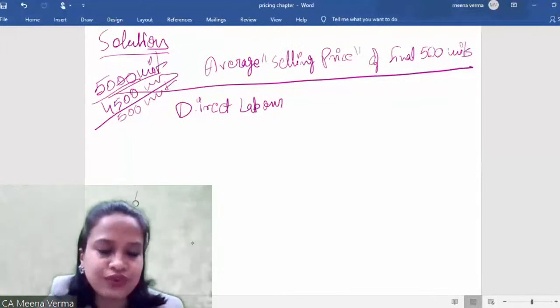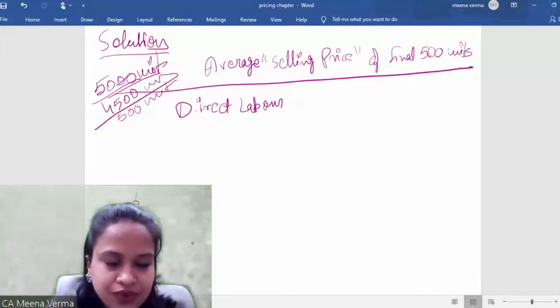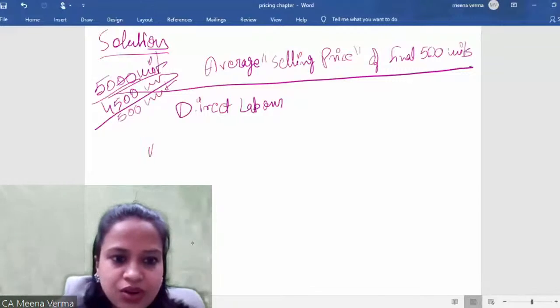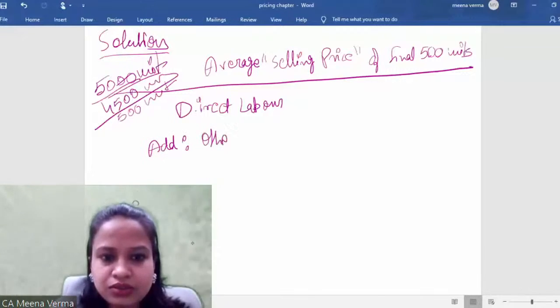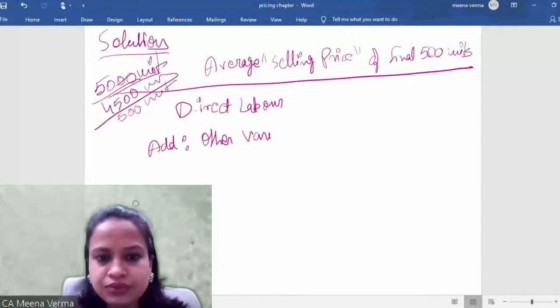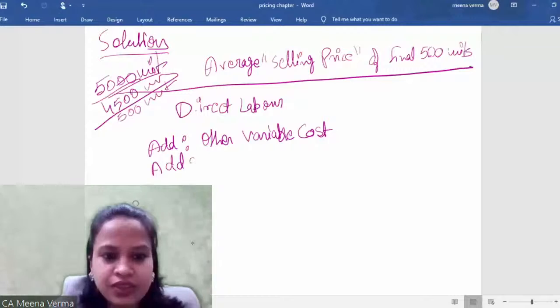So we will consider the direct labor cost. Then we will consider other variable cost. Then we have fixed cost.